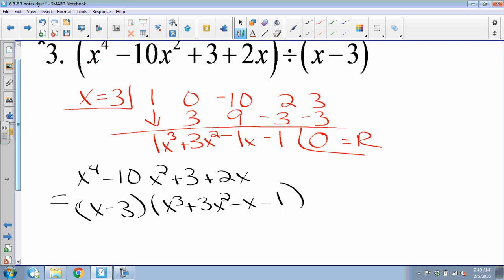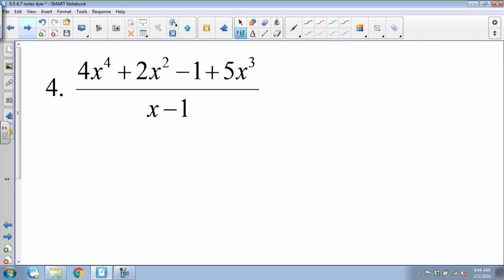Recognize that. Because even though this was our answer, that just means it's another factor. Are you going to maybe have to find the other factor? Yes.